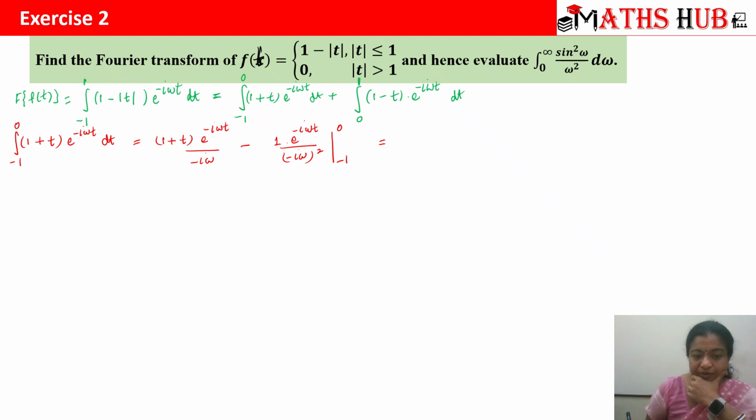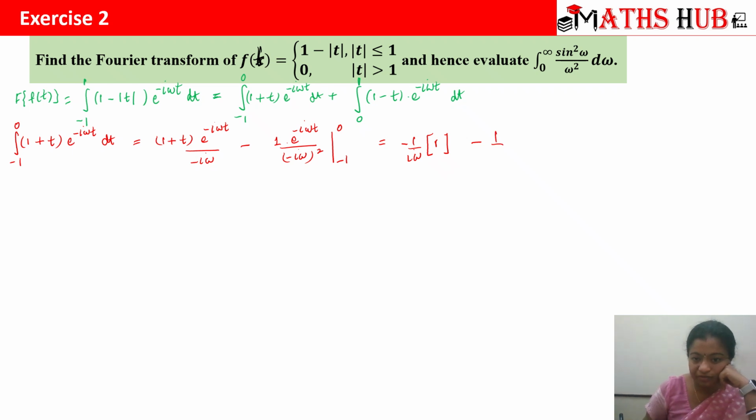So when I put 0 as the upper limit, it will give me 1 plus 0 into e power 0. So that is minus 1 by i omega, a constant. I'll get 1. And with minus 1, this term will become 0. Right? Now, with 0, this term is becoming minus i square, which will become plus 1.